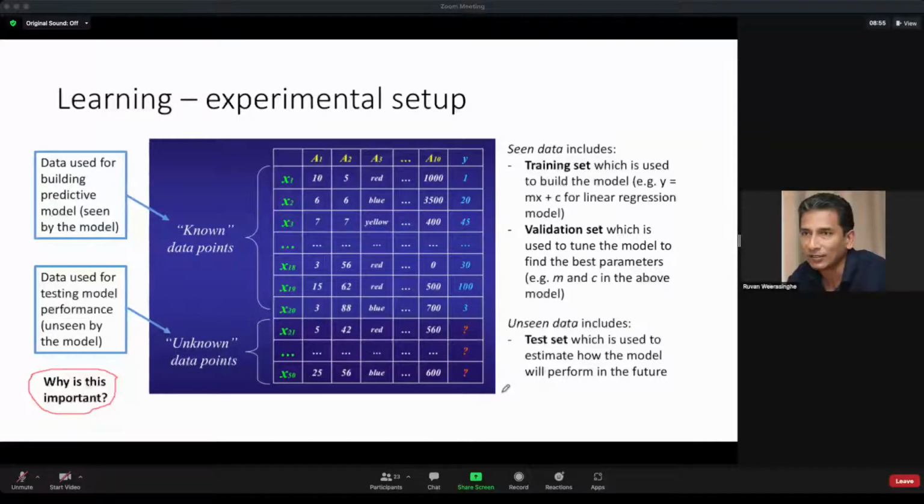But we have no idea, except by trial and error, how good that model is. And so that's why we do this. Because of that, we can't take the first part for training and the last part for testing. We have to do it randomly. We have to extract the test data randomly from the whole data set.